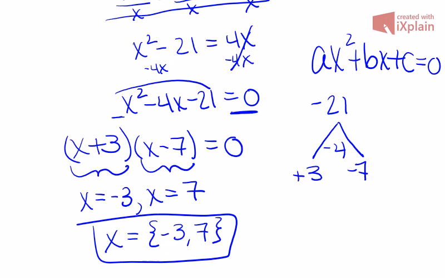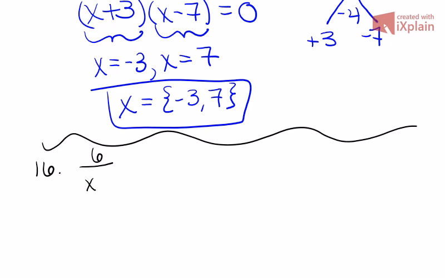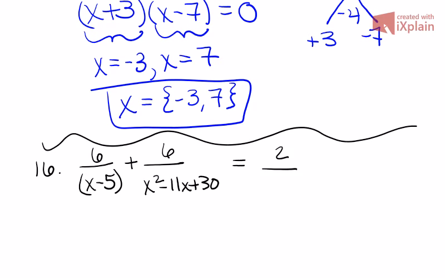Okay, 416. Let's see what that situation is. So 6 times x minus 5, I'm going to put that in parentheses so I remember that's already a group, plus 6 over x squared minus 11x plus 30 equals 2 over x minus 6. Okay, so I see adding in here. I know I need common denominators.